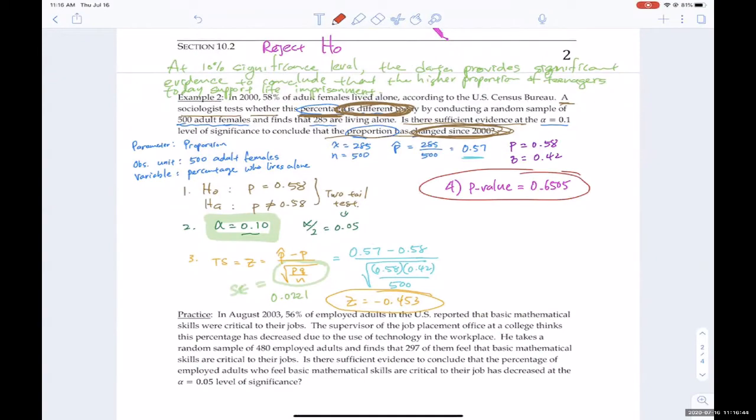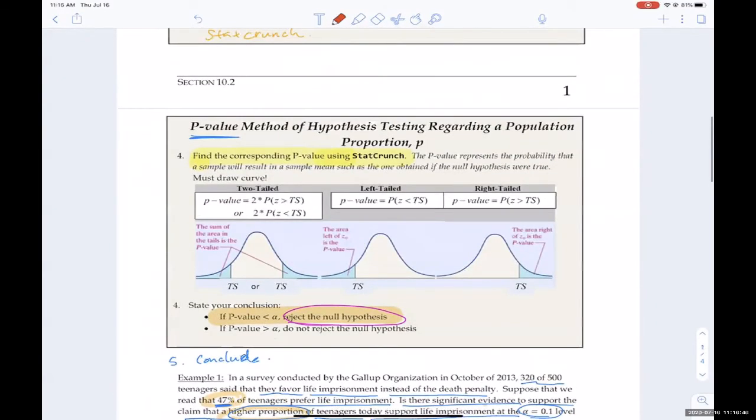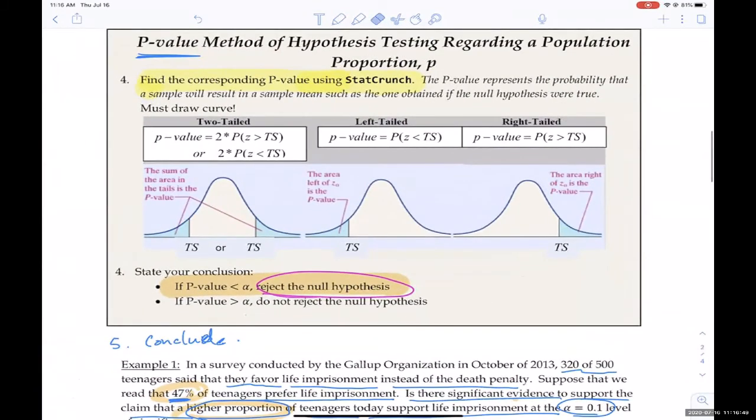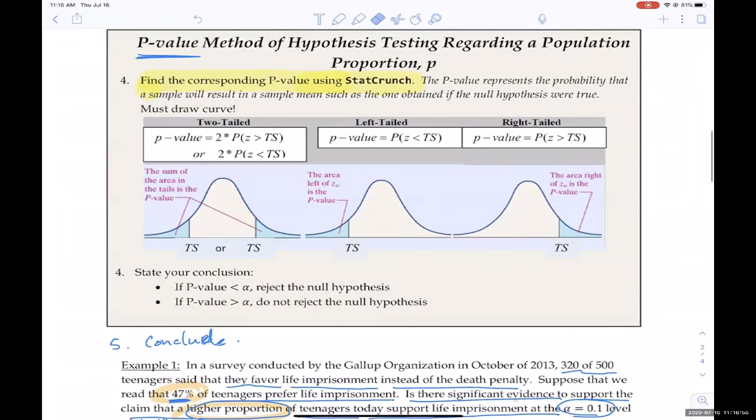Your p-value is what gives you your conclusion. The 5th step is to write your conclusion. If your p-value is less than alpha, reject the null hypothesis.